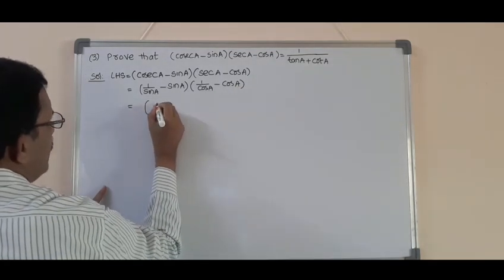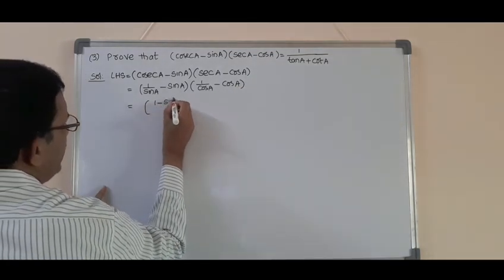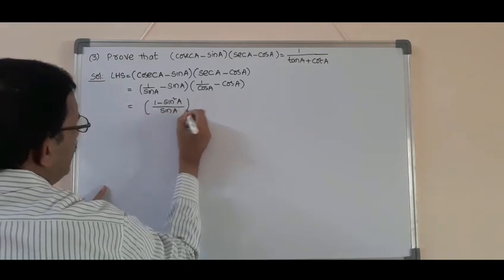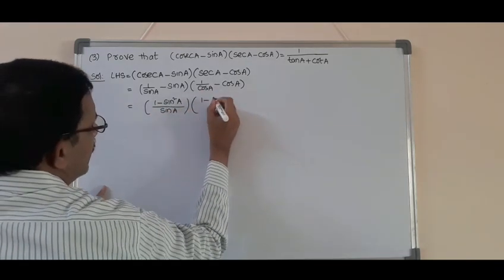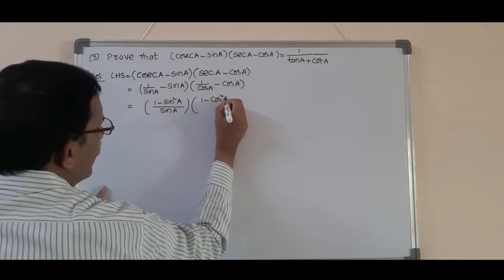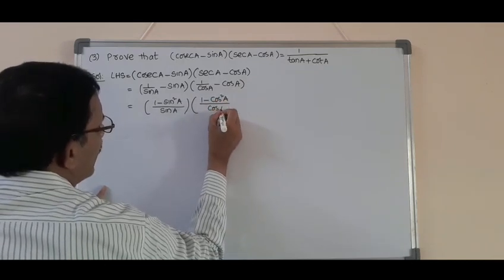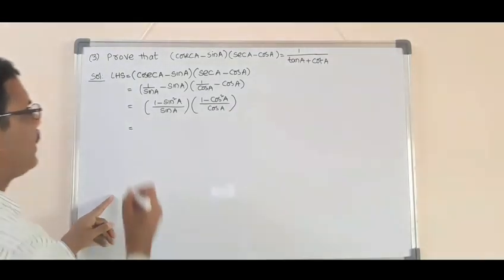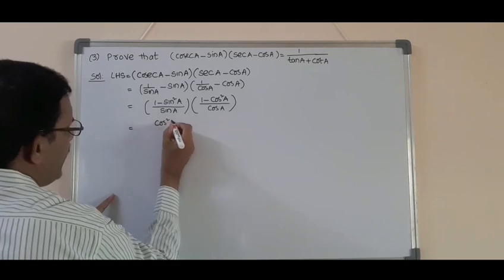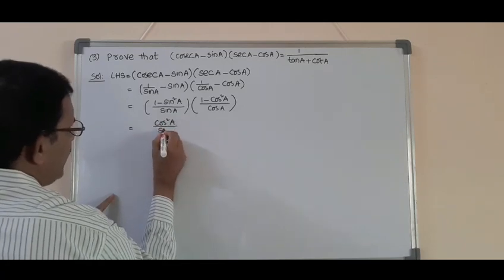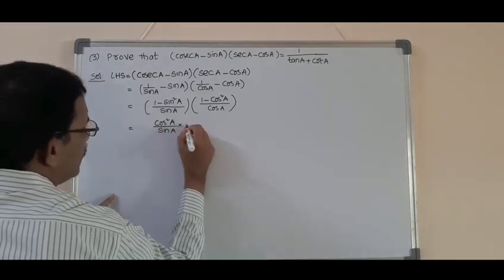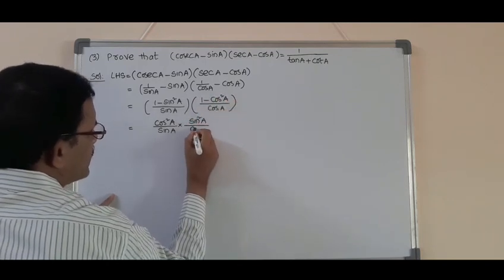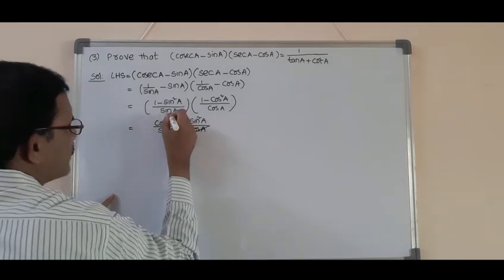This is equal to (1 minus sin square A) by sin A into (1 minus cos square A) by cos A. We know it, 1 minus sin square A is cos square A. Cos square A by sin A into, 1 minus cos square A is sin square A, by cos A. This cos A, this square, cut.